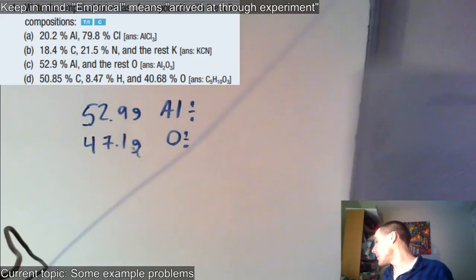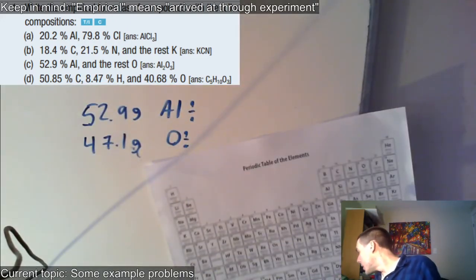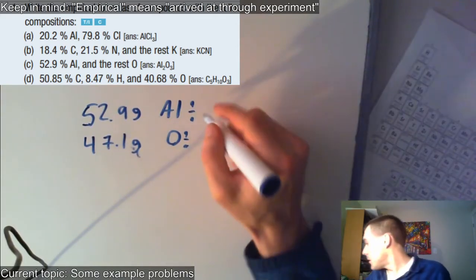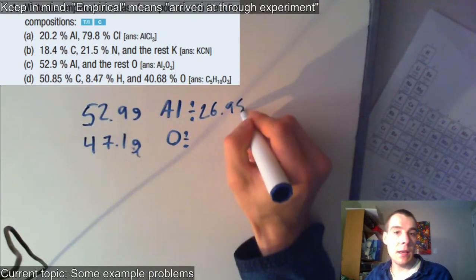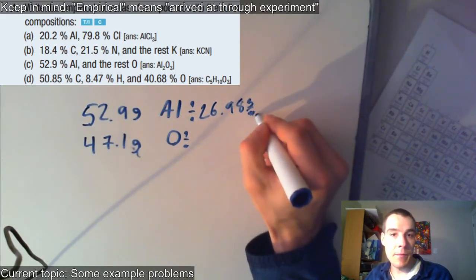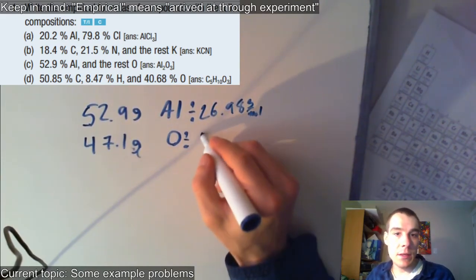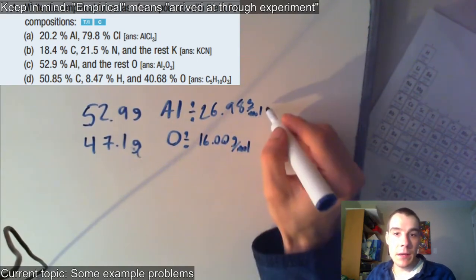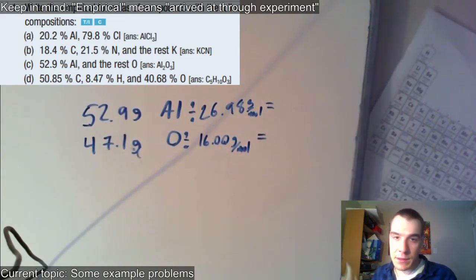What's aluminum's molar mass? I know oxygen, I don't know aluminum. Aluminum, 26.98 grams per mole. And oxygen is 16.00 grams per mole. So we'll figure out what that is in terms of mass.